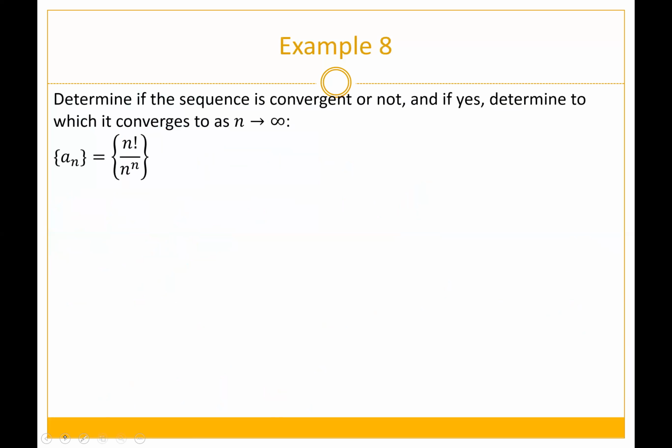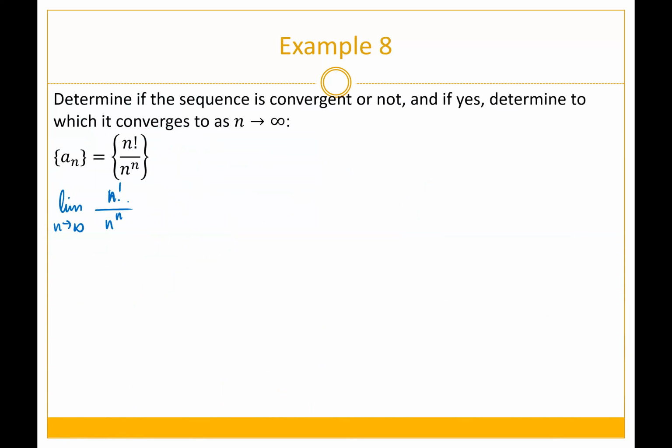Now let's go to example 8. Determine if a sequence is convergent or not. The thing we care about is the limit as n approaches infinity of n factorial over n to the n. In my opinion, this is one of the hardest expressions, because the concept of factorial and n to the n is very confusing to a lot of students.